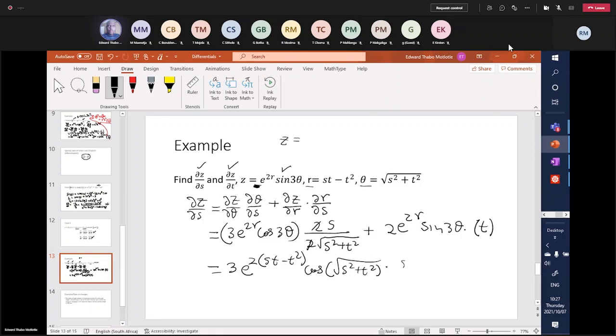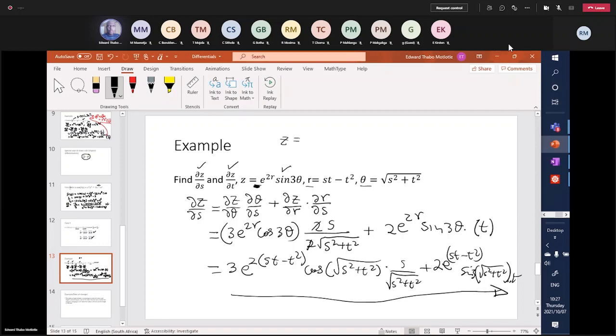Then you multiply it by s over root s squared plus t squared plus 2e to the power, then you substitute st minus t squared, and then sine, and then there's a 3 there, we substitute root s squared plus t squared multiplied by t. So this will be your solution. You just need to simplify if possible.